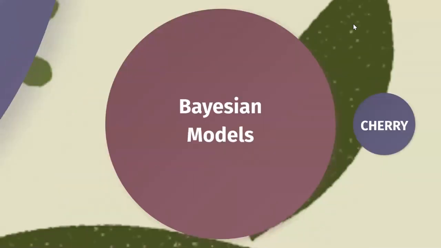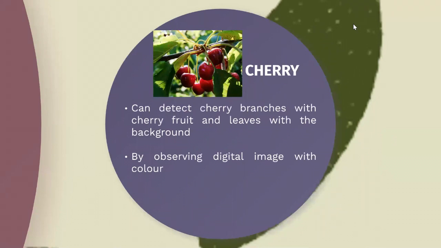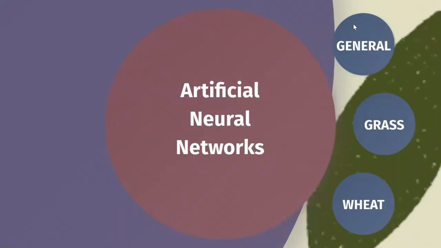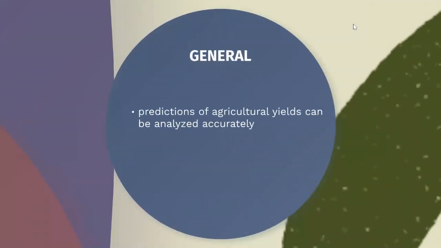The second one is a Bayesian model. These models can detect cherry branches with cherry fruit and leaves with a background. This can be done by observing digital image with color. Next one is artificial neural networks. In general, predictions of agricultural use can be analyzed accurately by using this model.